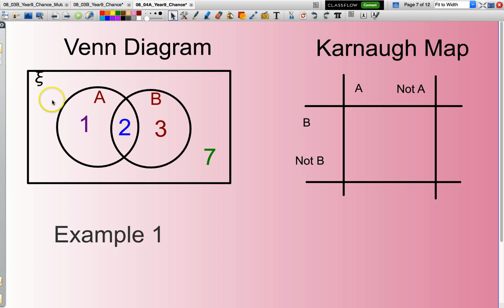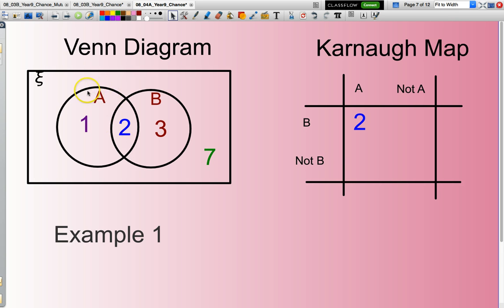Right, let's go and construct a Karnaugh map from this particular information here. Set A, set B. So how many are in A and B? Well, in A and B are just those there, so there's 2. How many are in A but not in B?